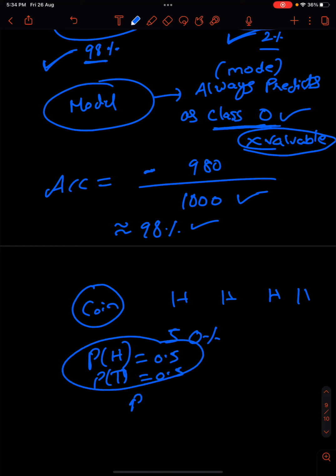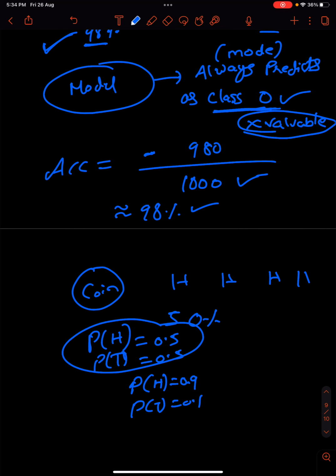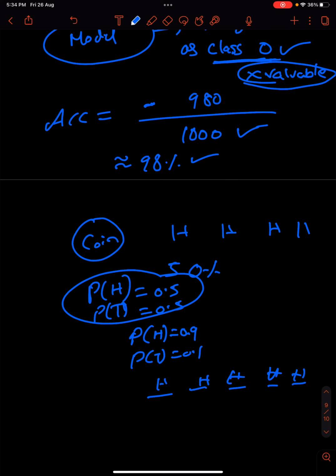But if I tell you that the probability of heads is actually 0.9 and the probability of tails is only 0.1, and now I predict heads 5 times, what is my probability of guessing correctly? It's obviously approximately 0.9, isn't it? Because there is a probability imbalance. The probability is not equal.